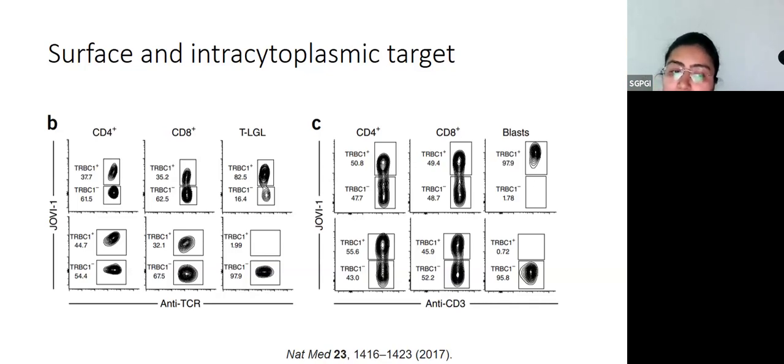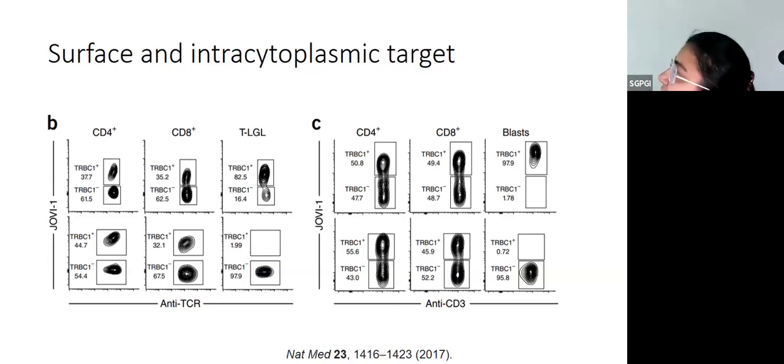It is nearly everything here. This is another example in which most of your CD8 positive cells are TRBC1 positive. And in the LGL, nearly 100% are TRBC1 negative. So either everything TRBC1 positive or everything TRBC1 negative in your selected population of interest becomes abnormal.